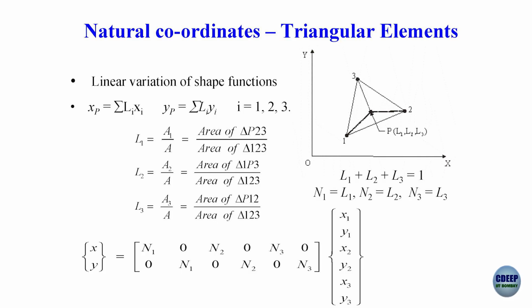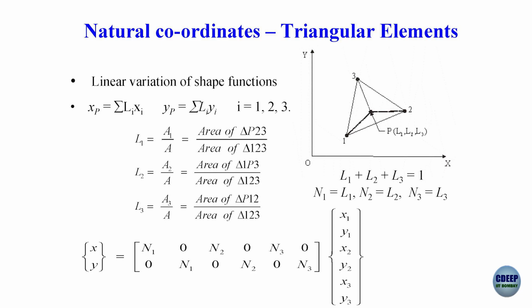When P becomes coincident with 1, then these 2 areas merge, and L1 will be equal to 1. If P is coincident with either 2 or 3, that area becomes 0, and therefore L1 at node 2 or node 3 will be automatically 0. Is that making sense? Clear? Are you able to visualize that? Similarly, L2, L3.